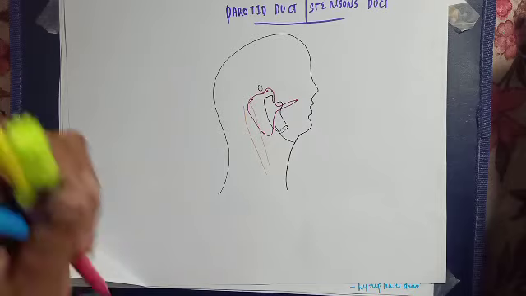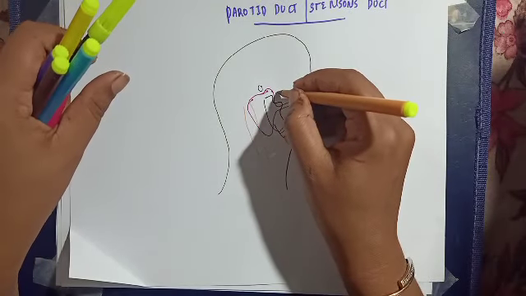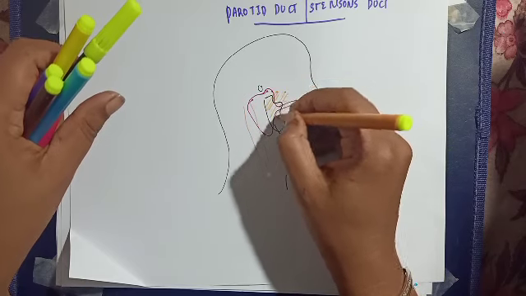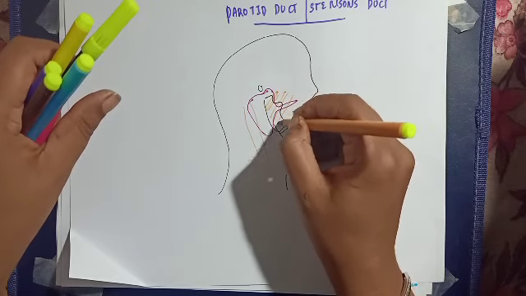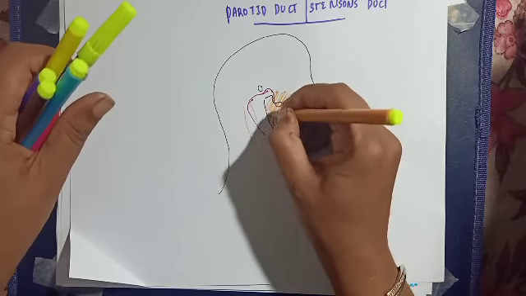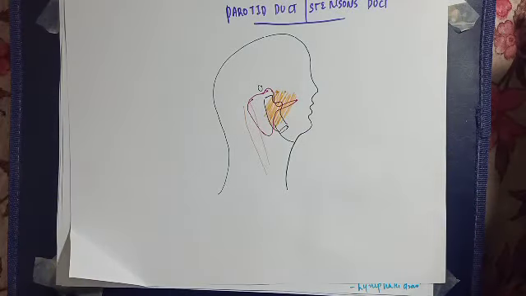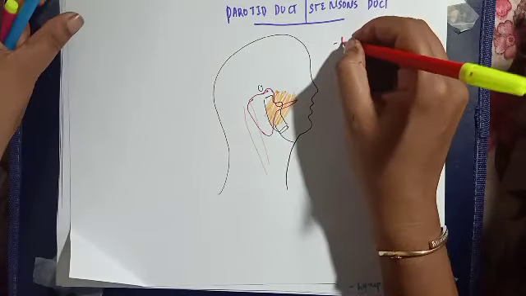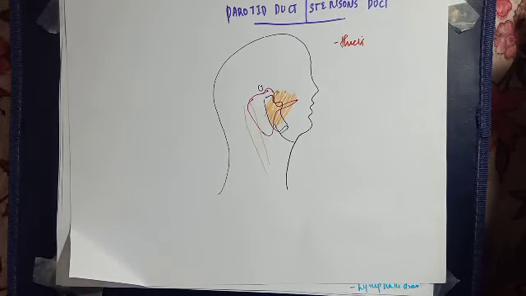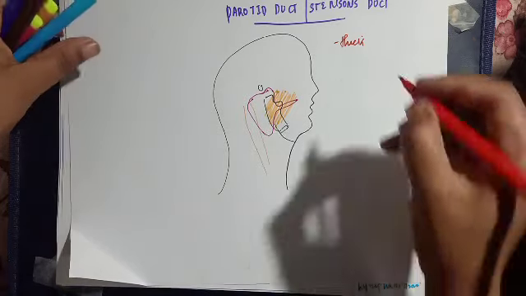We have an important muscle here. This is the masseter muscle, located here. You can see that the parotid duct, or Stenson's duct, is a thick-walled duct and it is 5 centimeters in length.